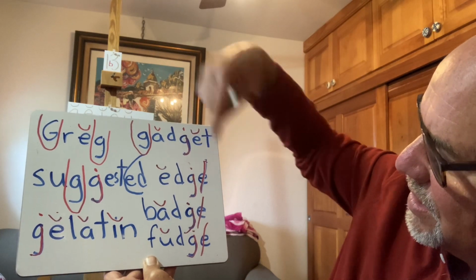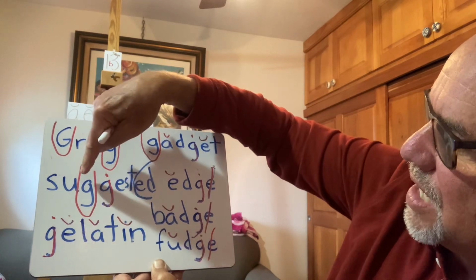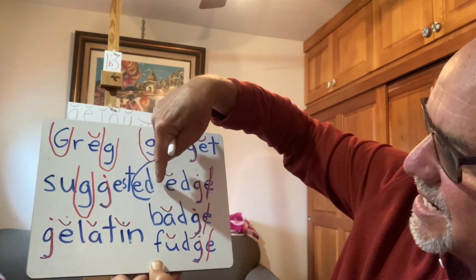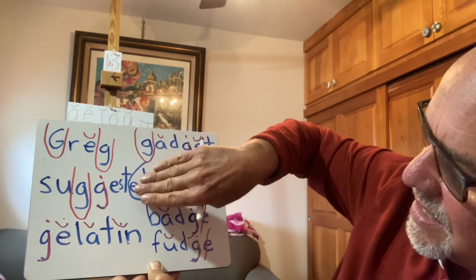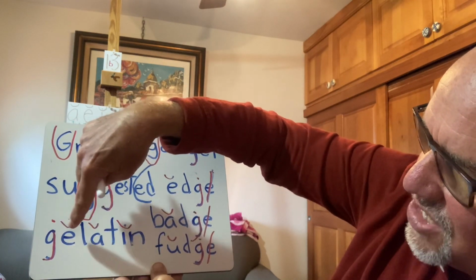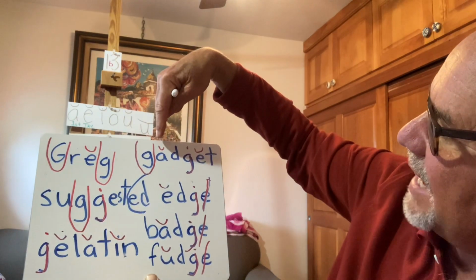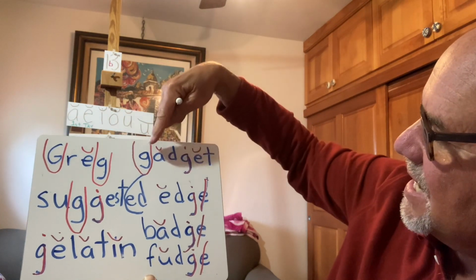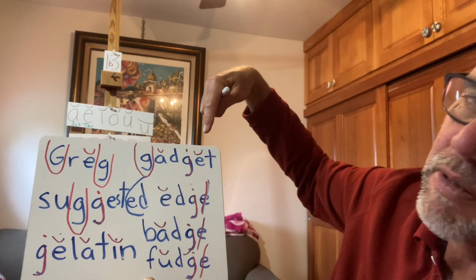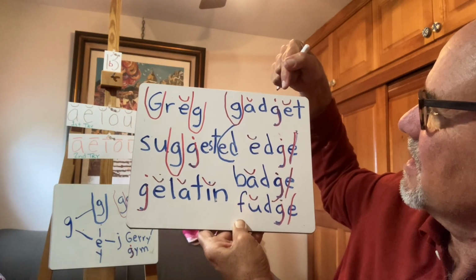Edge. Let's read our other words. Ready? Greg. Suggested. Suggest. Suggested. Gelatin. People say gelatin, right? Gadget. And yes, people say gadget. That's right. They get lazy. Gadget.